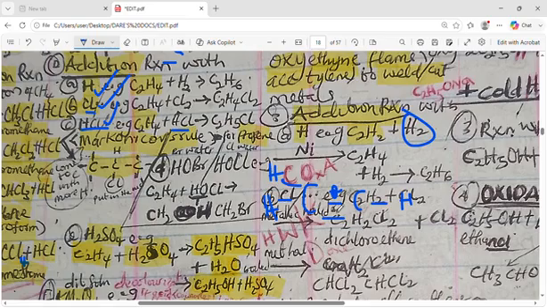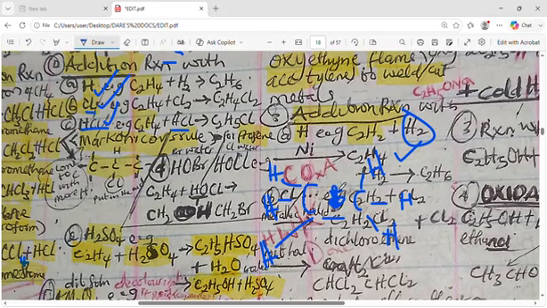Then the other one, you need to add extra H, which will make it complete 1, 2, 3, 4. So from ethyne, which was C2H2, it has become C2H4, which is ethene. Now if you add another hydrogen, H2, you have to break this last bond and add extra H. So it will now become C2H6, and that's ethane. And that's just the secret behind it.